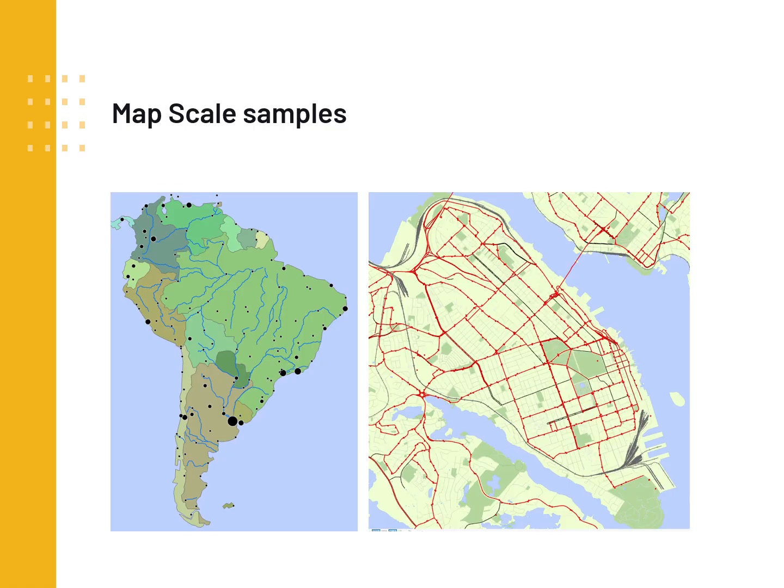Remember, large scale means small area in far more detail. So that would be the map on the right, or Peninsular Halifax. Whereas a small scale map means a large area, which would be the map of South America that's being shown on the left. Again, a little counterintuitive, but small area, large scale.